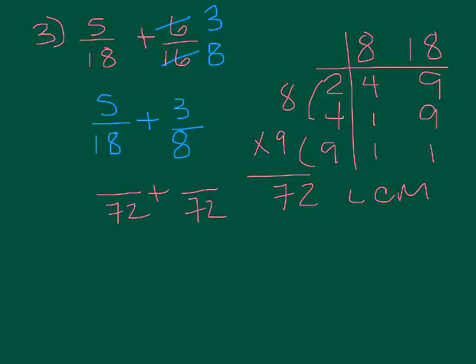What did I multiply to 18 to get 72? Well, 18 gives me these two factors. I am missing the 4, so I'm going to multiply times 4.